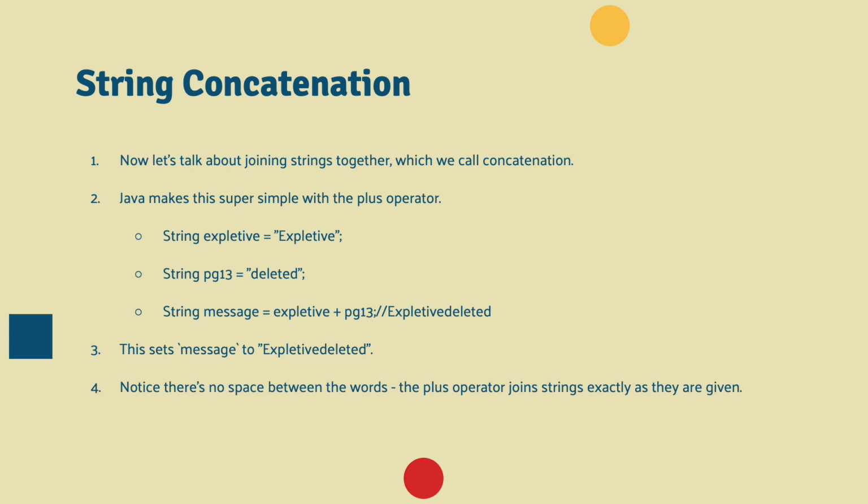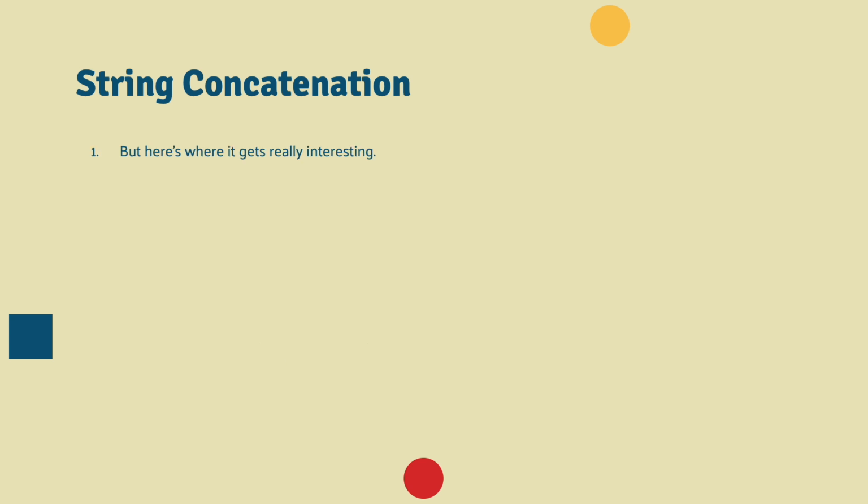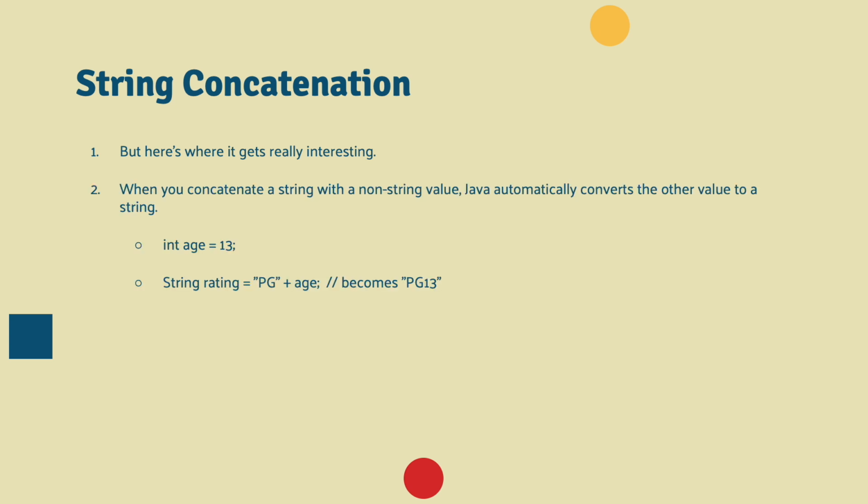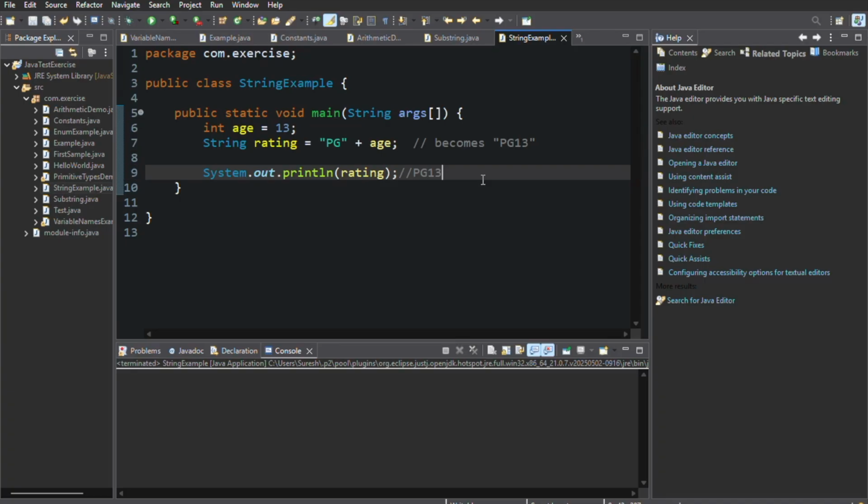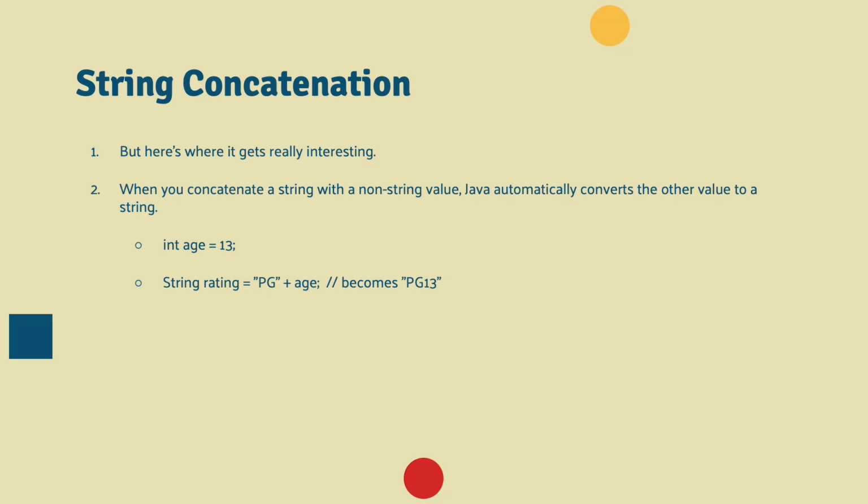The plus operator joins strings exactly as they are given. But here's where it gets really interesting. When you concatenate a string with a non-string value, Java automatically converts the other value to a string. This feature is incredibly useful in output statements.